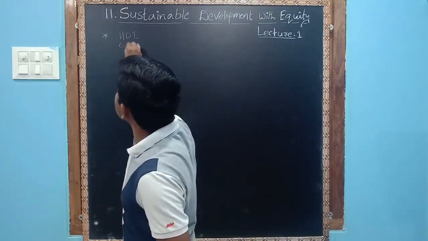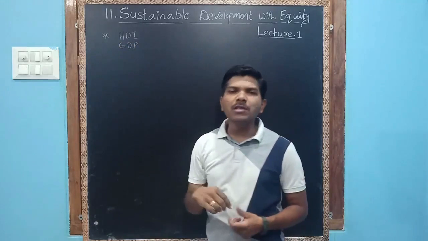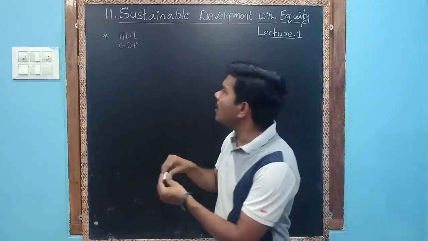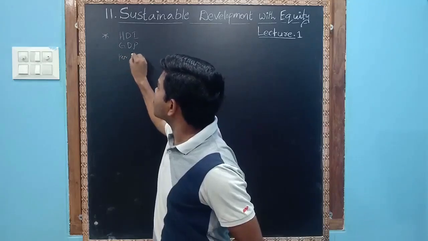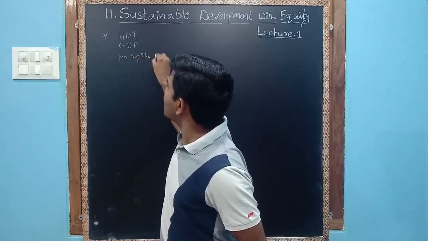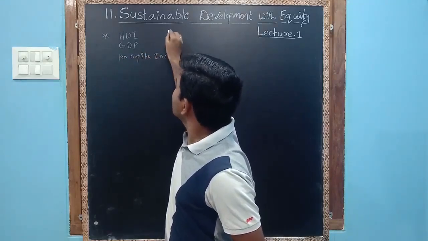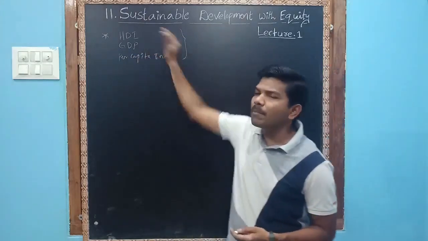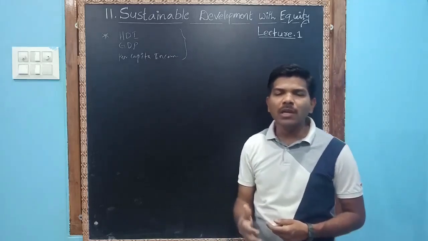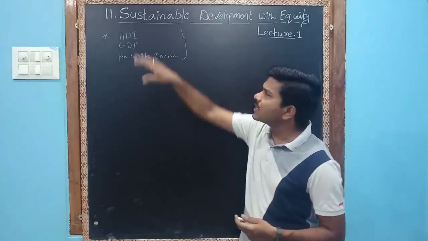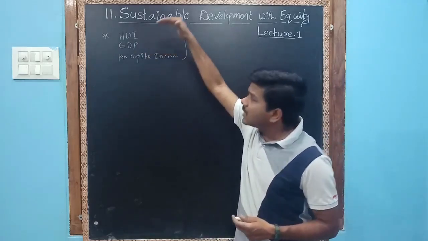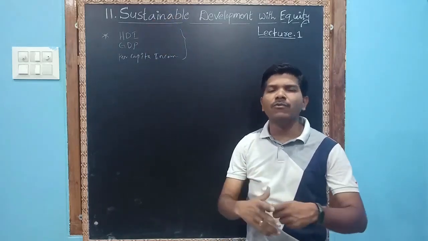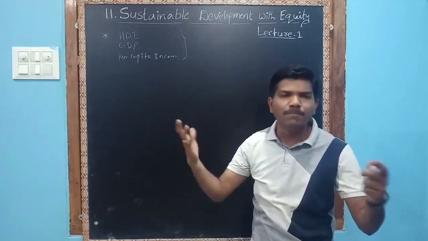GDP, gross domestic product, and per capita income are all certain measures for development. The Human Development Index shows individual as well as state and country development. As we discussed in our previous sessions, HDI is very broad.